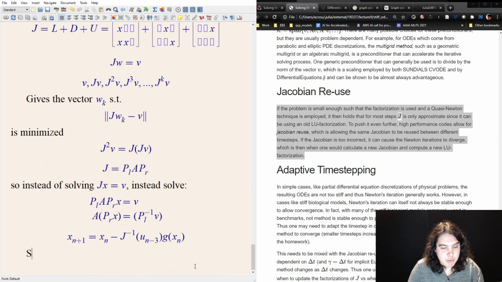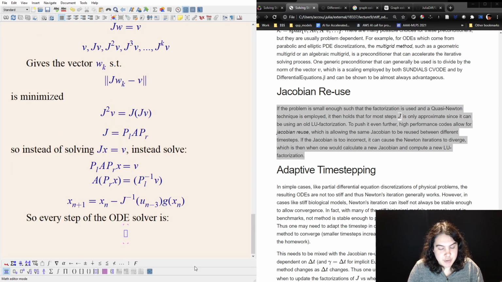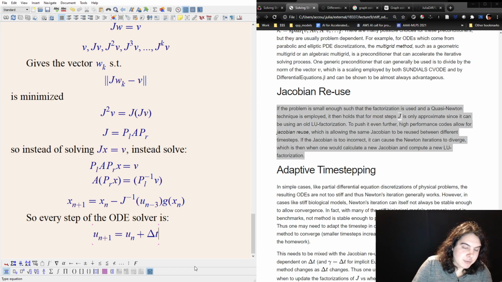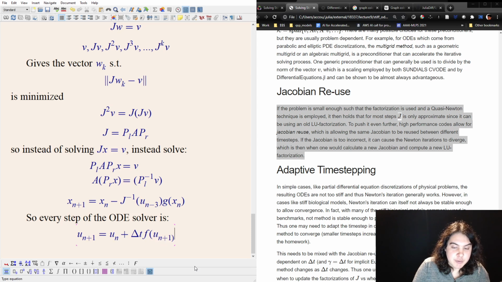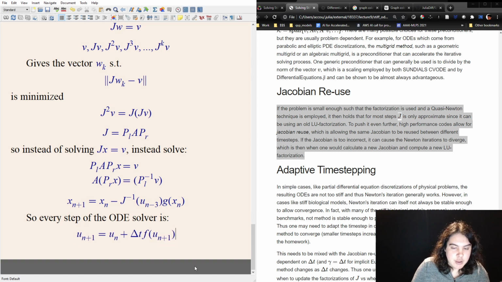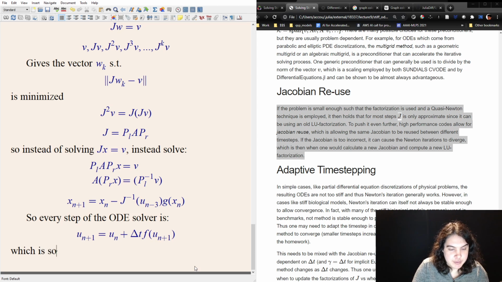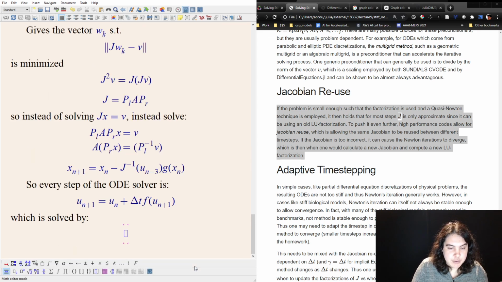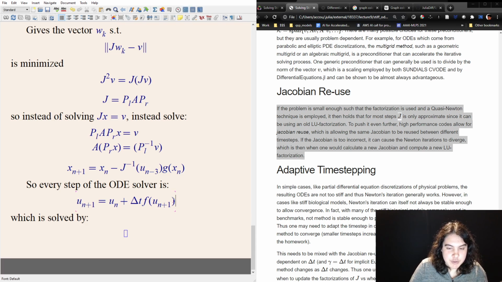Every step of the ODE solver is u_{n+1} equals u_n plus delta t times f of u_{n+1}, which is solved by moving everything to one side.